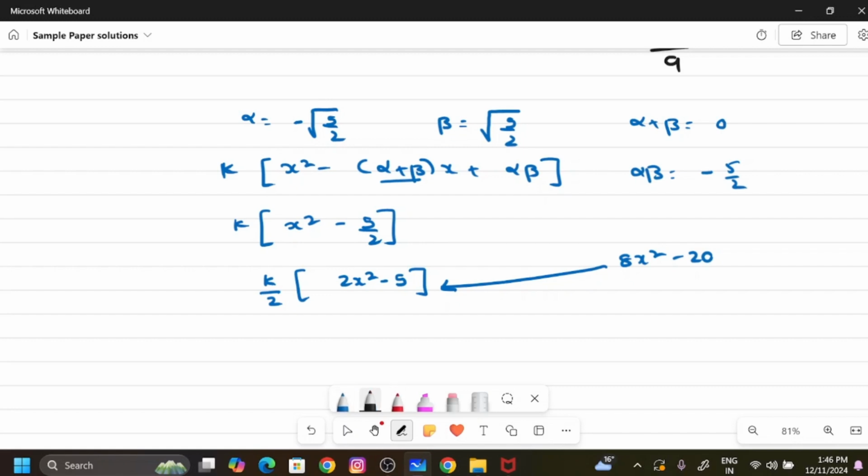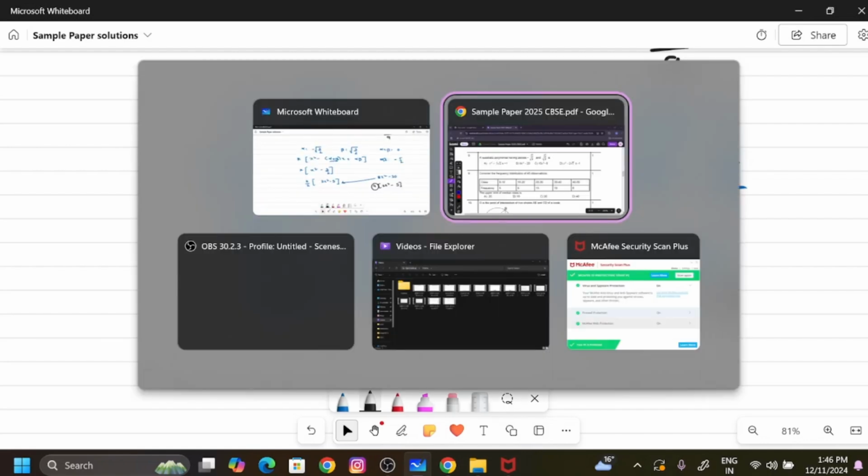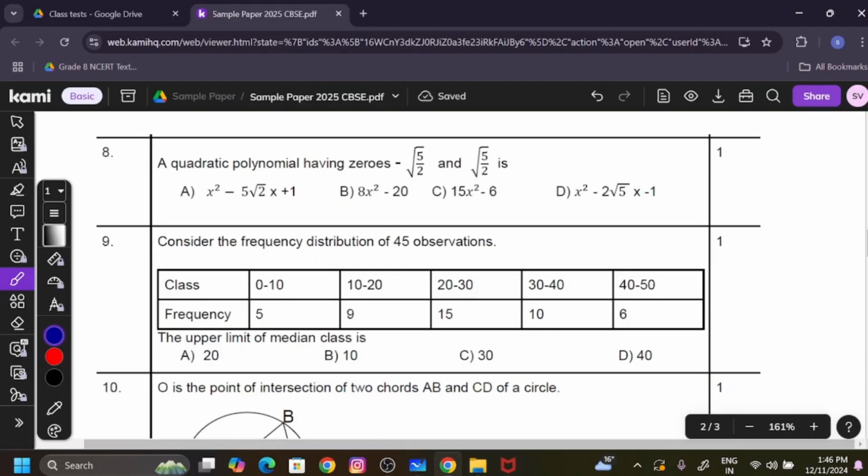If we take 4 common, then it becomes 2x square minus 5, right? So this is some constant k times 2x square minus 5, which will have the same zeros. So our answer should be 8x square minus 20. So the answer is option B.